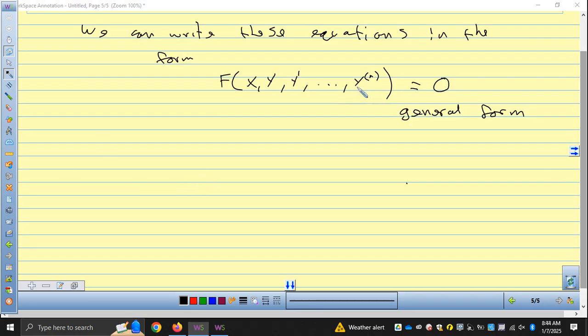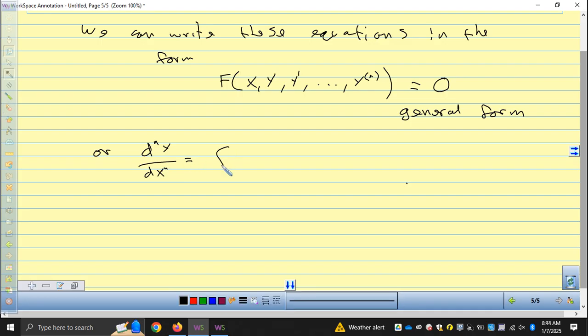And if we solve for this nth derivative, we could say the nth derivative of y with respect to x equals some function of x, y, y prime, y double prime, up to the n minus first derivative of y.